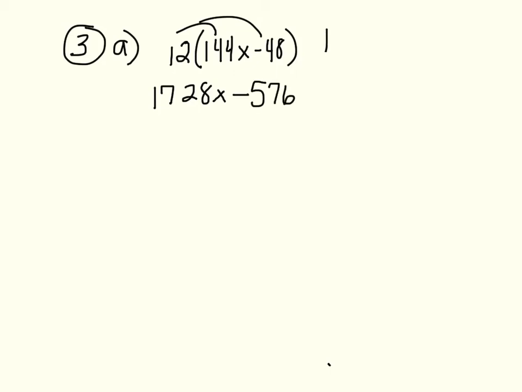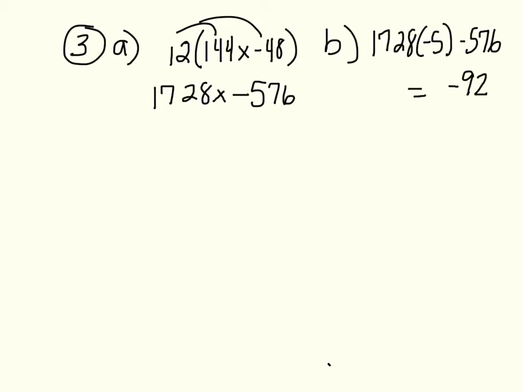There's part A. Part B is plugging in negative 5. 1,728 times negative 5 minus 576 gives you the value of negative 9,216. So we know that f times g of negative 5 gives us negative 9,216.